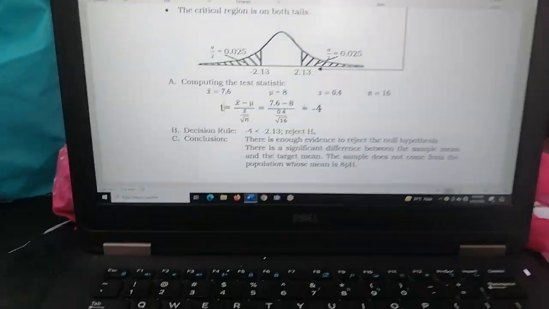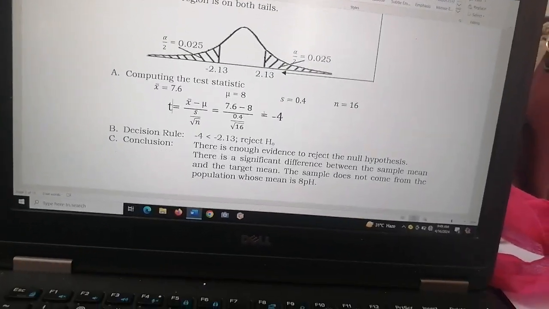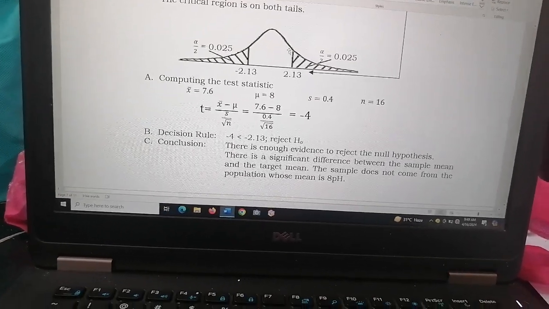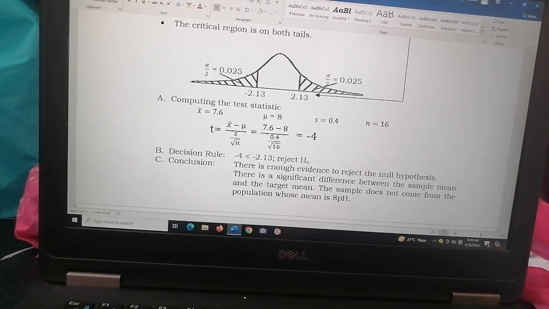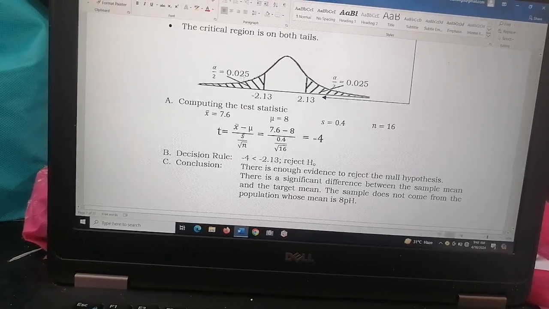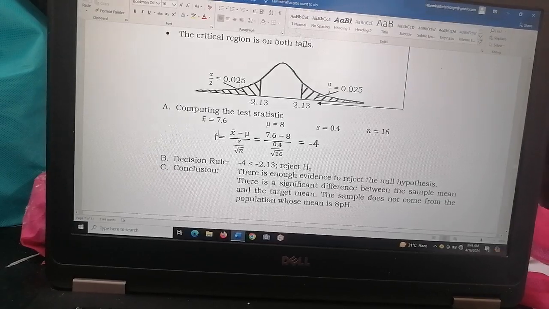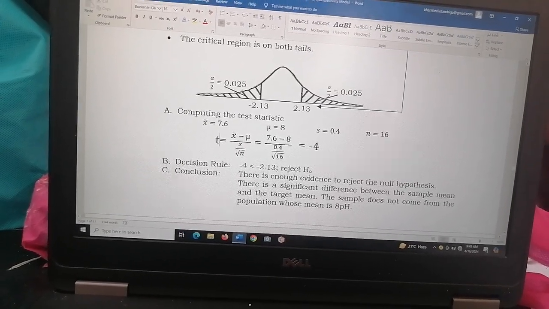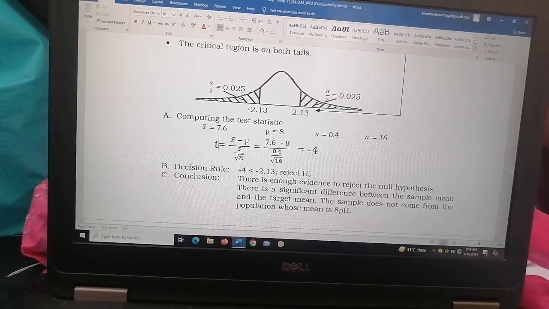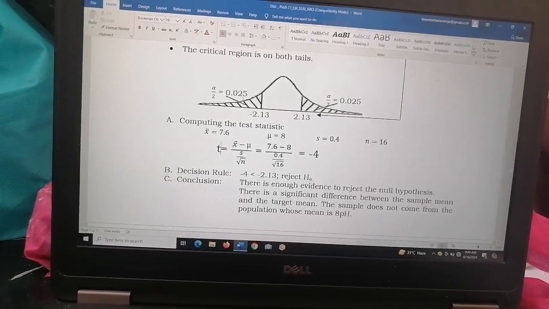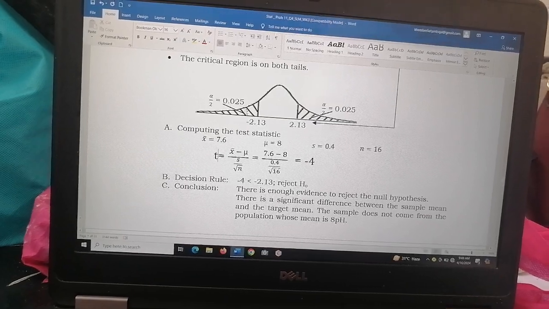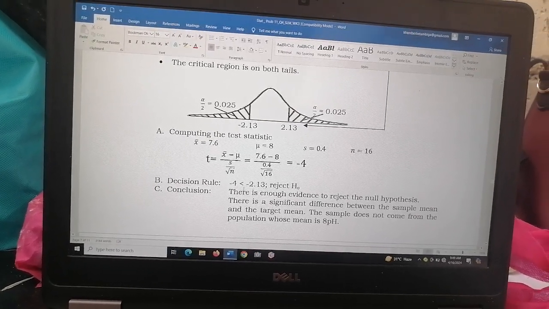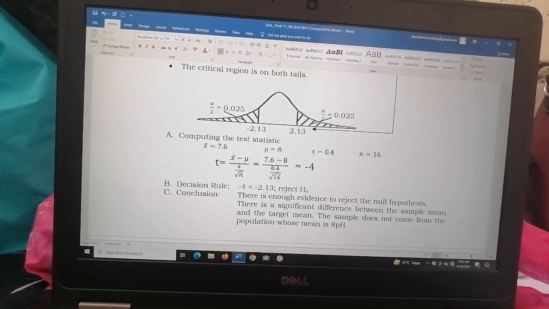So negative 4. If we plot negative 4 on our sketch, where does it fall? Somewhere here. With that, we see that the plotted value falls in the shaded portion, wherein negative 4 is less than negative 2.13.